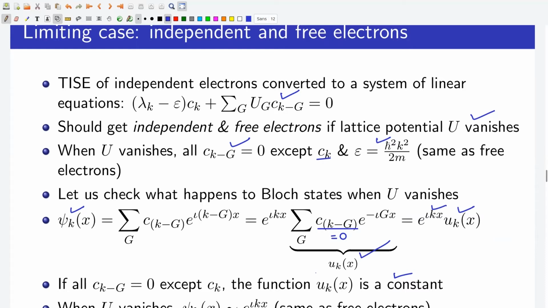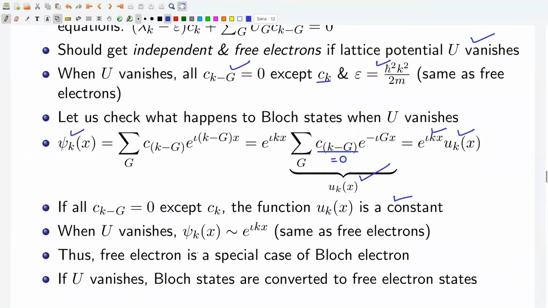But this is only a mathematical argument, as we really do not mean a constant potential when we talk about the periodic potential in a solid. Since u_k of x is a constant when potential vanishes, psi_k of x is e power ikx, which is the same as the eigenfunctions of free electrons. Whatever we deduced for Bloch electrons will coincide with free electron results if we make potential U equal to 0. Thus, we can say that a free electron is a special case of a Bloch electron.